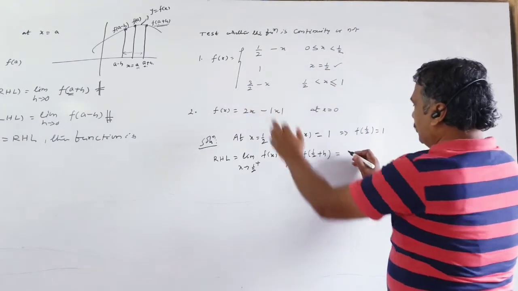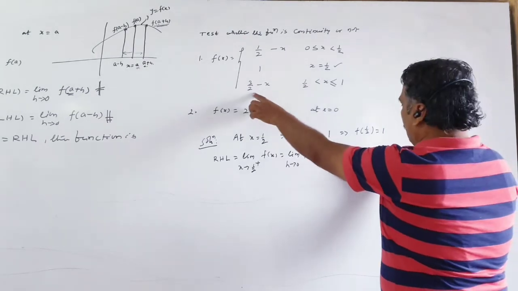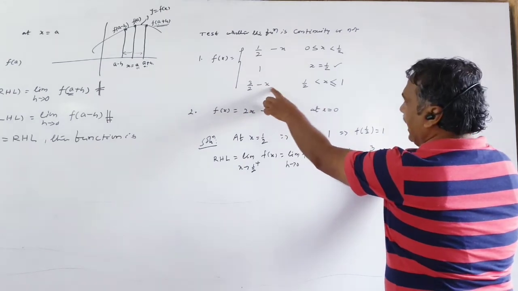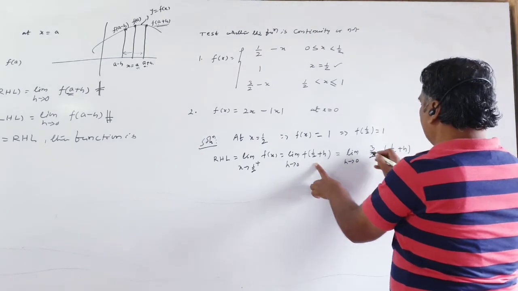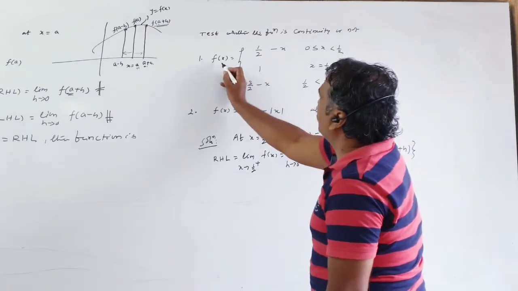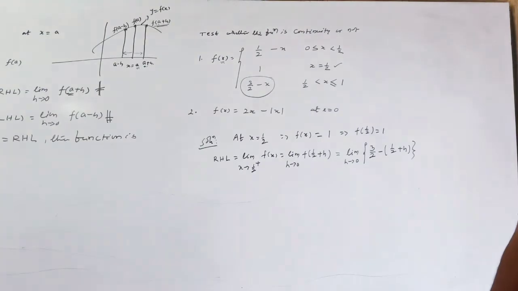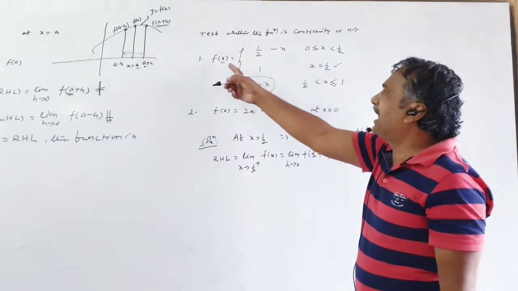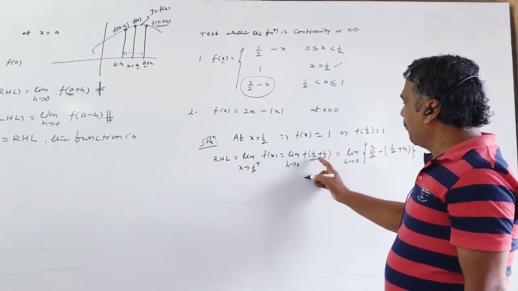Right, this one. Okay. So limit x tends to 0, 3 by 2 minus x. Let us take here greater than half. So here f of x equal to, this one is given, 3 by 2 minus x. F of 1, instead of x write 1 by 2 plus h.